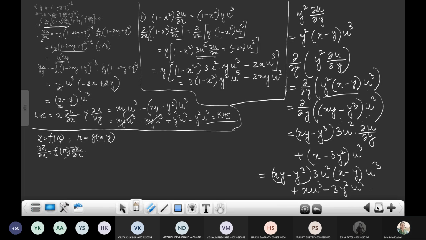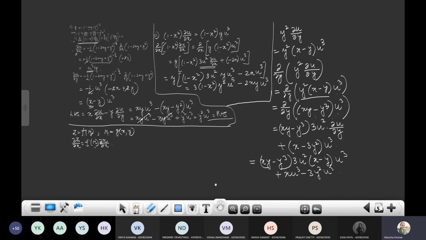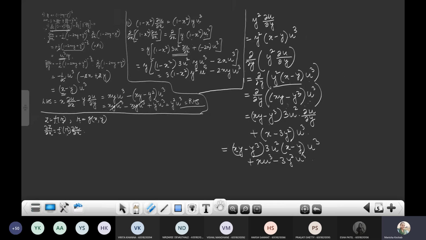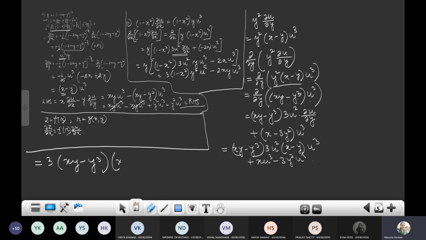Okay. Now let us simplify this, which is equal to... we'll get 3 is common, then xy minus y cube, we have (xy minus y cube) into (x minus y), and then we have u power 5, right?